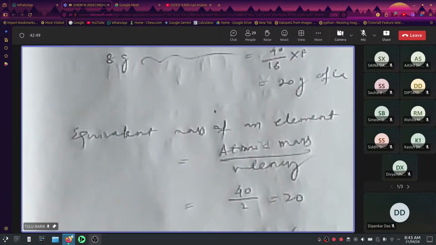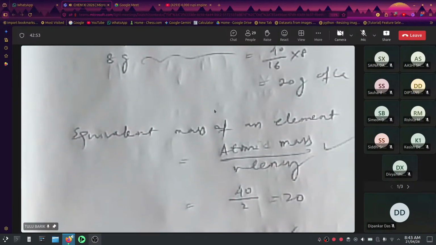Or you can use the formula here, atomic mass by valency. What is the equivalent mass of aluminum?